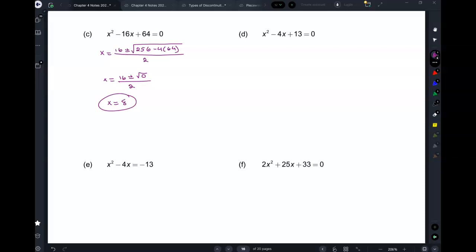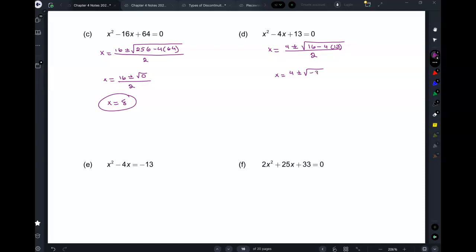Here, x equals 4 plus or minus the square root of 16 minus 4 times 13 all over 2. 4 plus or minus, what do I get in the square root? Negative 52.